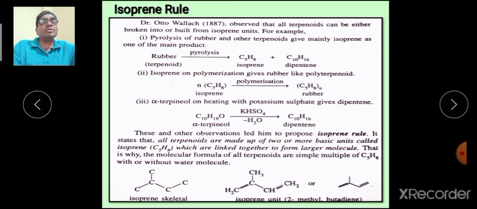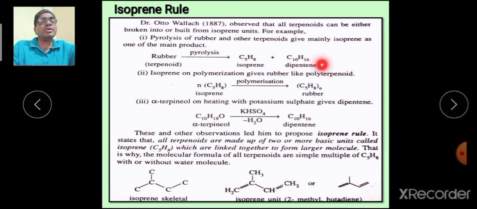The pyrolysis of natural rubber and other terpenoids gives mainly isoprene as one of the main products. Here rubber, on pyrolysis, gives isoprene as one of the products.